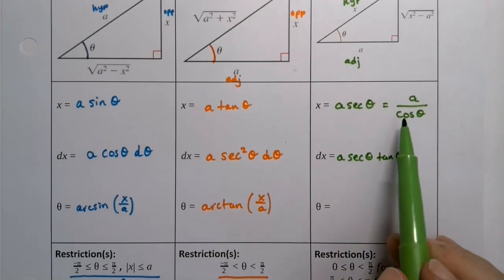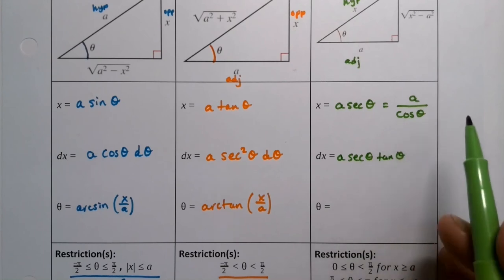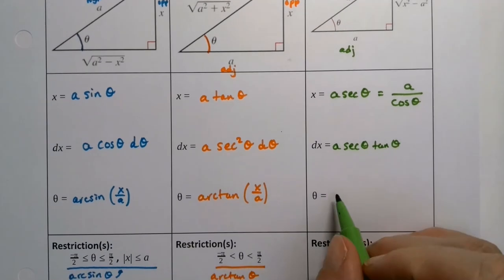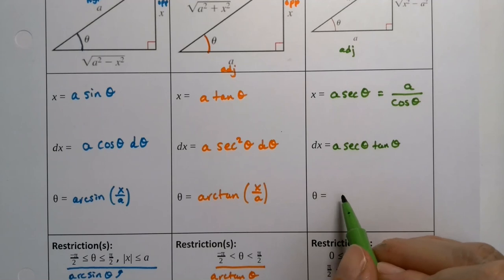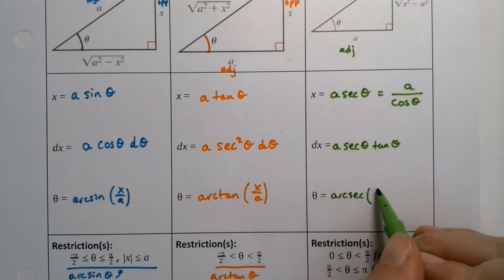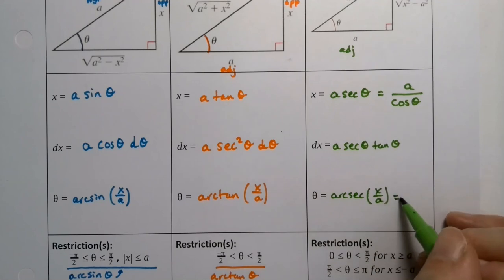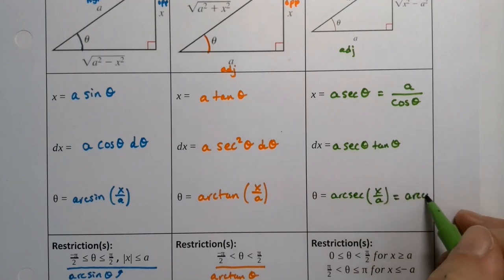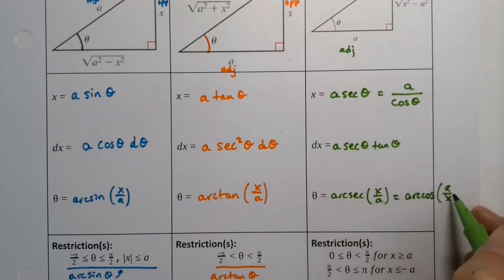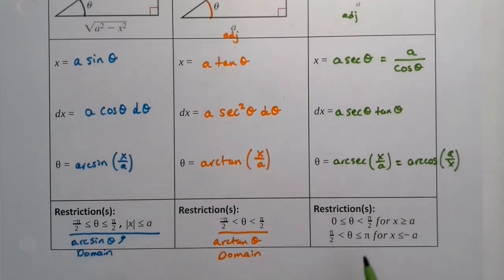It's just easier to do it that way than to try some kind of quotient rule. And then theta would be the arcsecant of x over a. And again, it might be easier to think of it as the arccosine of a over x. And that domain restriction is right here.